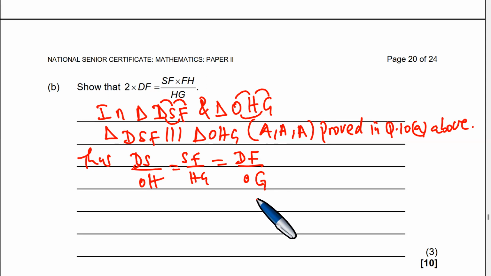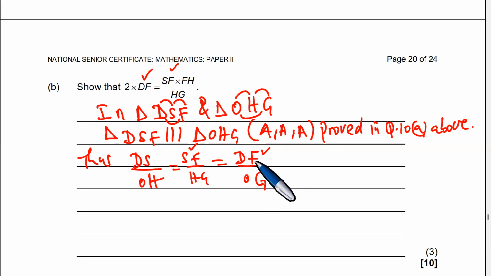Now we are in a position. Are we seeing any of the things that are there? We can see DF here, and then we can see SF. You tick the things. So you see this one and this one, DF and SF.